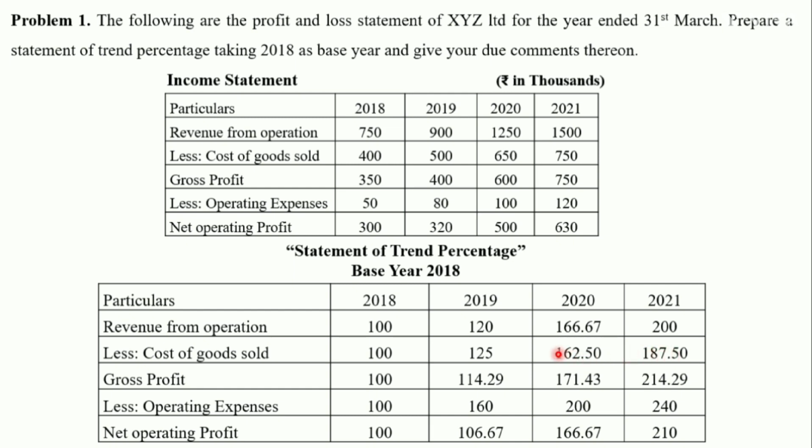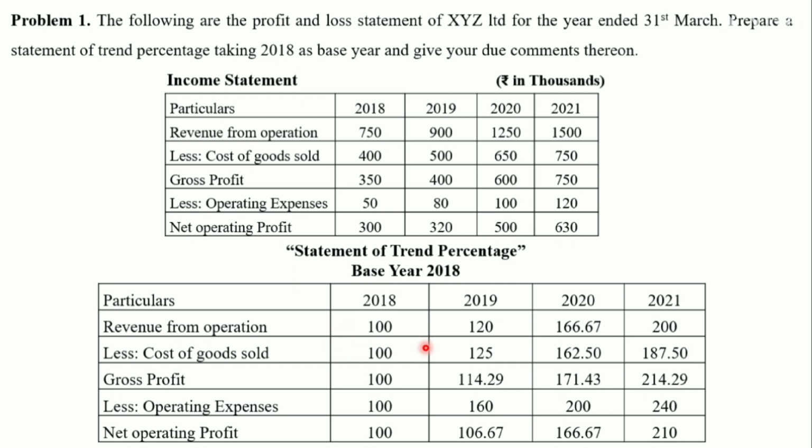You can see the figures 162.50 and 187.50. Similarly, the net operating profit is also increased at the same pace, which means it shows good operating efficiency in the business.